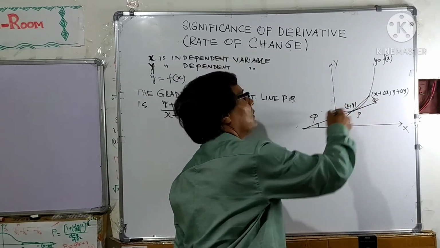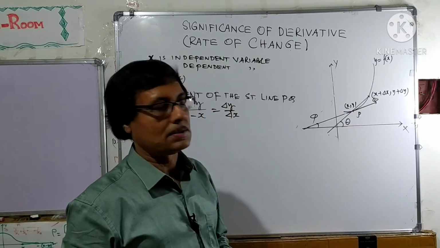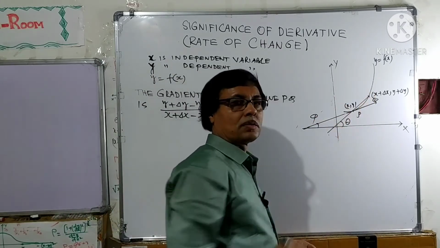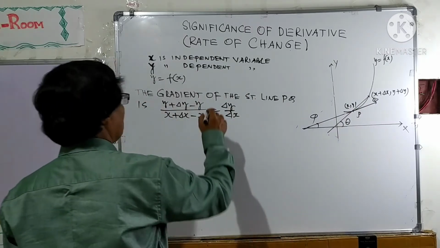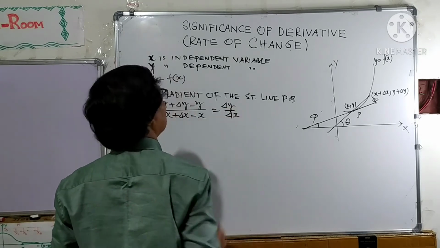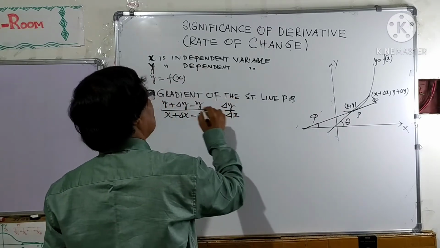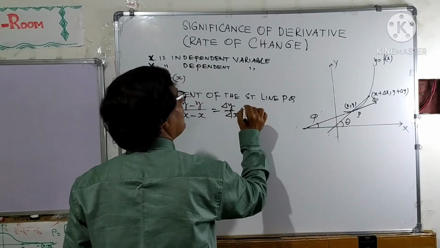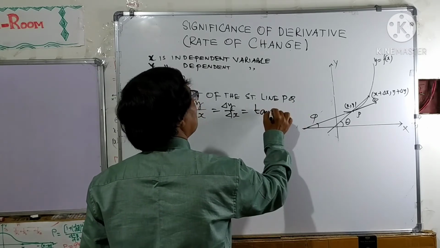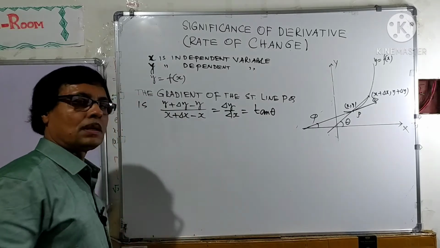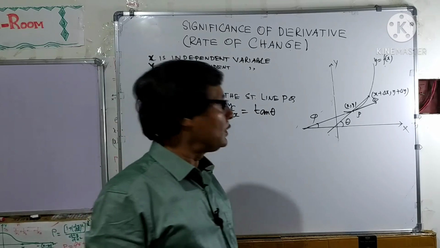Del y over del x is the gradient of the straight line PQ, which can also be written as tan theta.